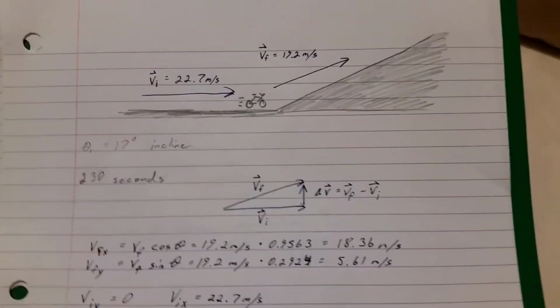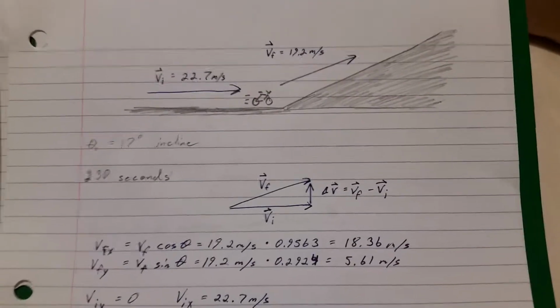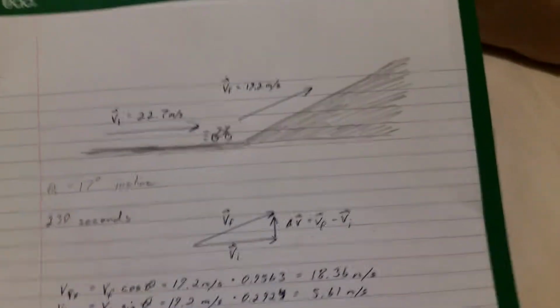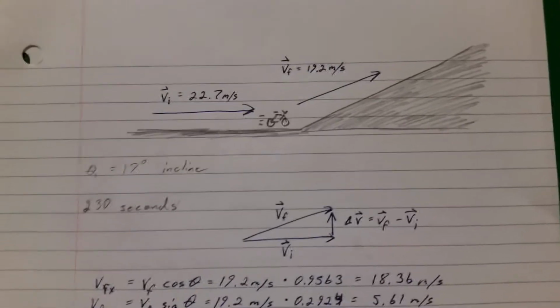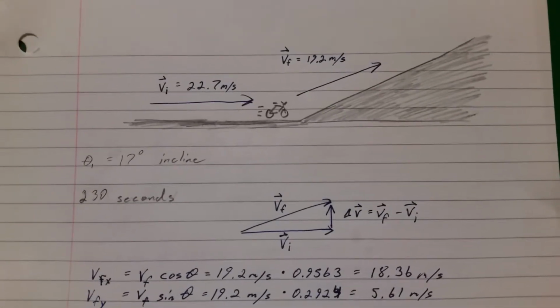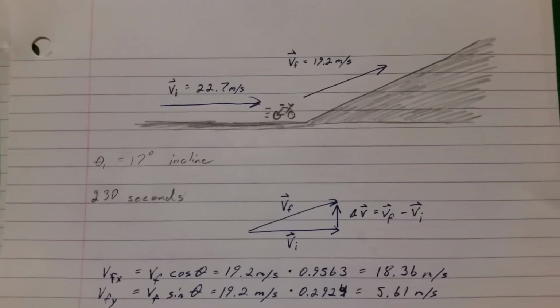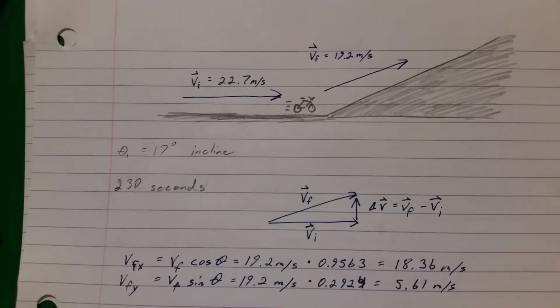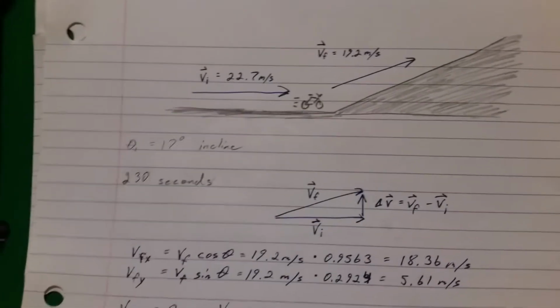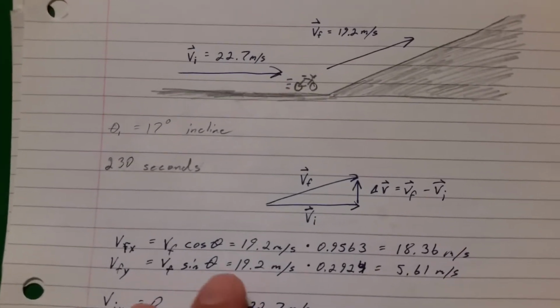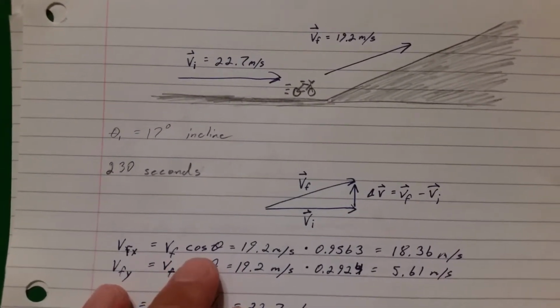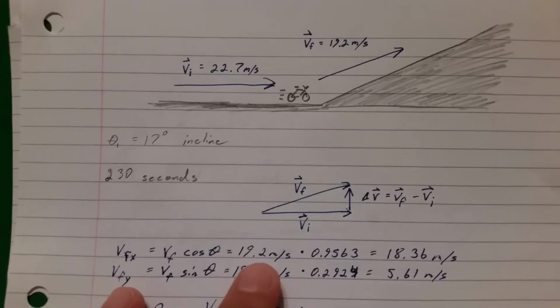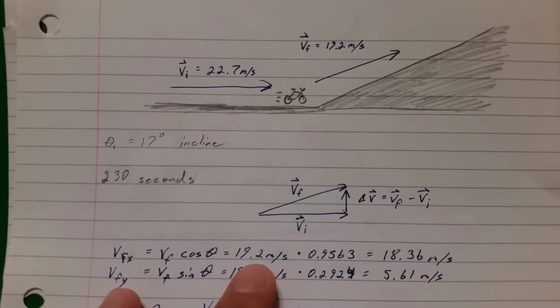So you can see the way that I drew it. I'm saying that it's a 17-degree incline. The component of the velocity final in the x and y direction can be found from cosine of the angle times the velocity.